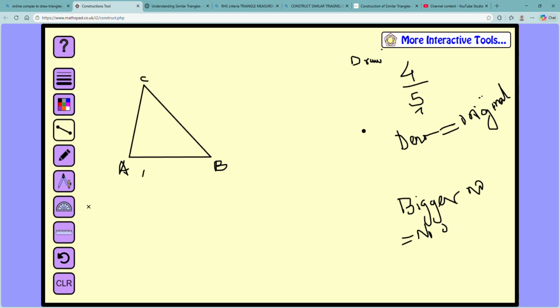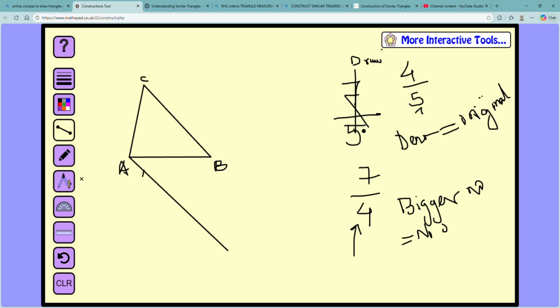Now we have to draw 7 by 4, for example. So 4 is original. How many parts should we have here? Draw some random line here.